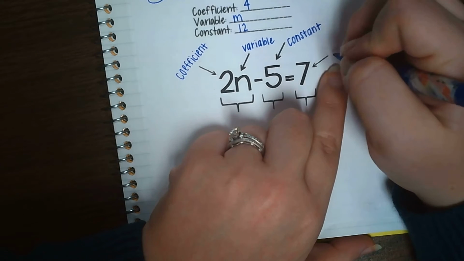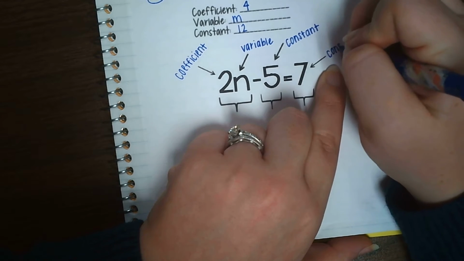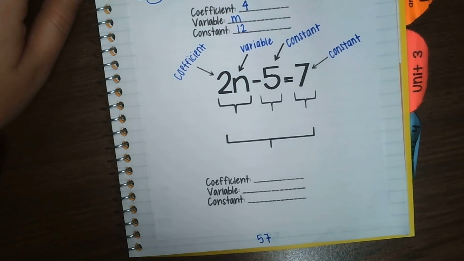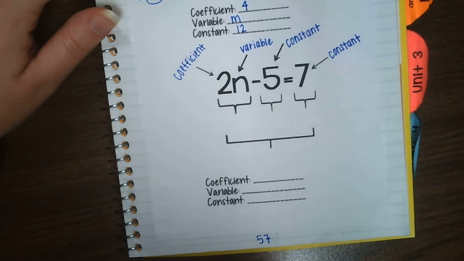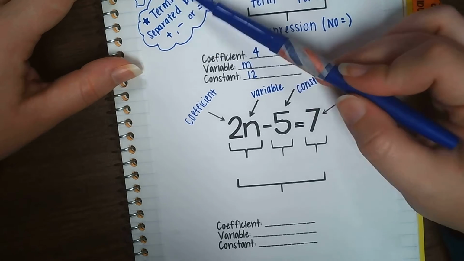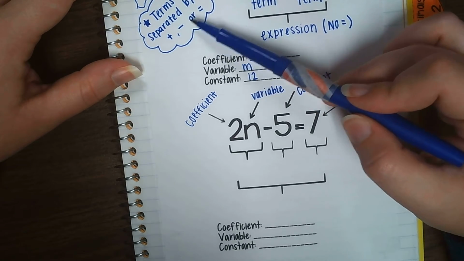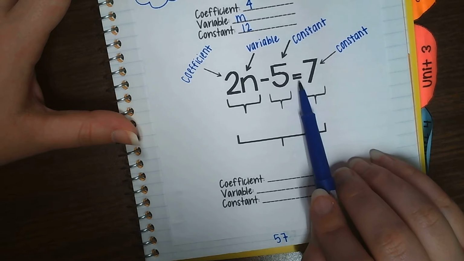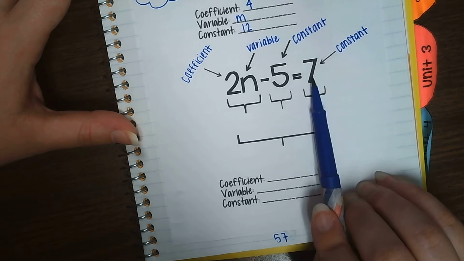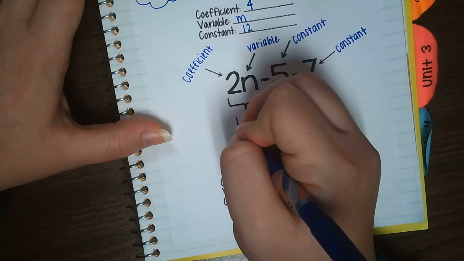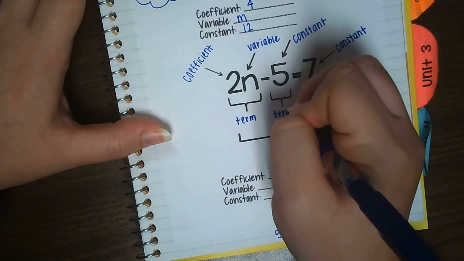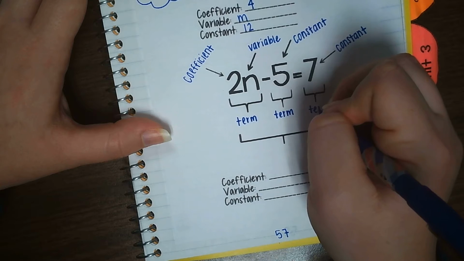And 7 is a constant. Now, just like what we said up here, terms are separated by plus, minus, or equal. You can see you've got a minus and an equal, so it's separating the three terms. So we've got term, term, and term.